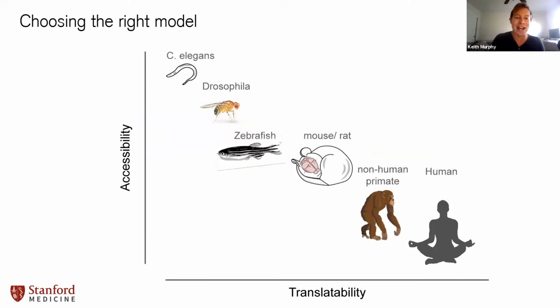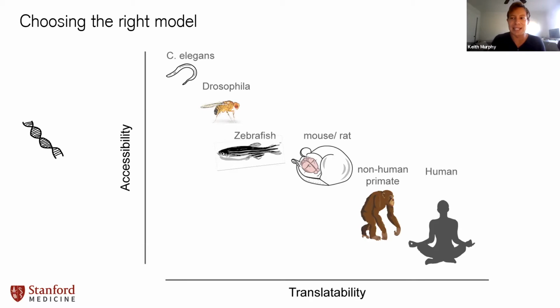Here's where our animal model friends come in. So when you're thinking about animal models, you can think about all of the different trade-offs between our smallest little animal models like C. elegans, this is almost a worm, versus the other side of the spectrum, which is the human. And here we're trading off accessibility versus translatability. So what is accessibility?